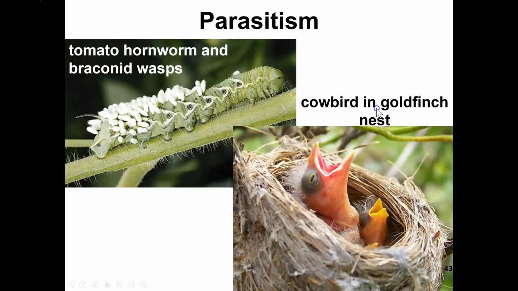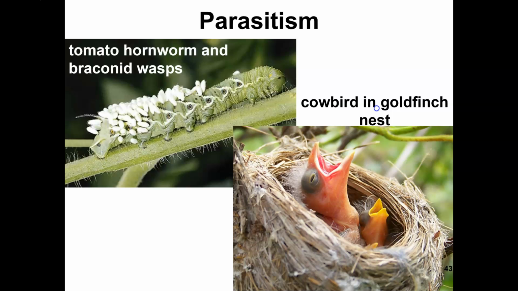Cowbirds are interesting. So cowbirds are a parasitic bird. What they do is they lay eggs in the nest of other birds. They don't take care of their own young. But when they lay their egg, they will take an egg from the actual bird.